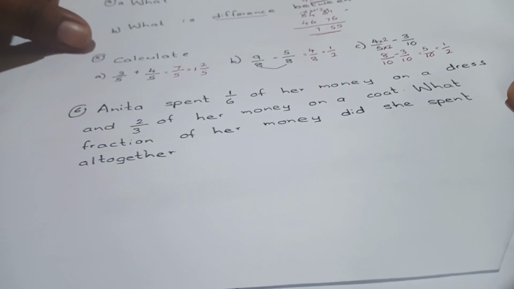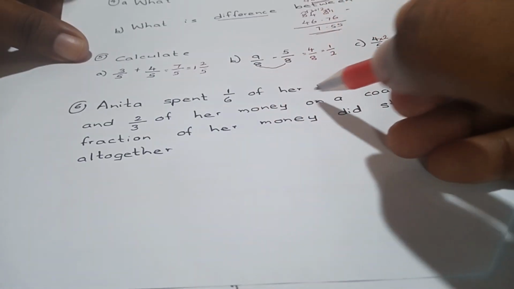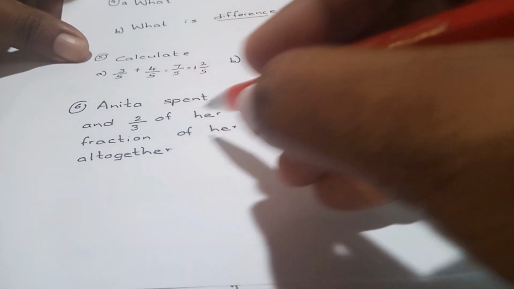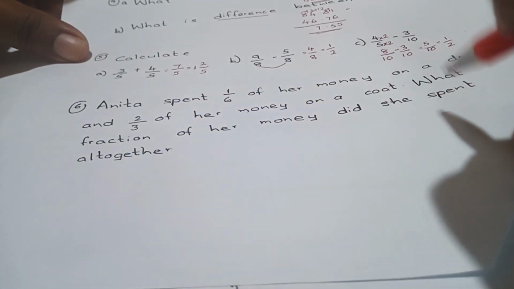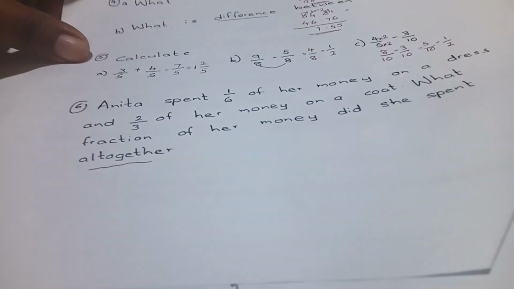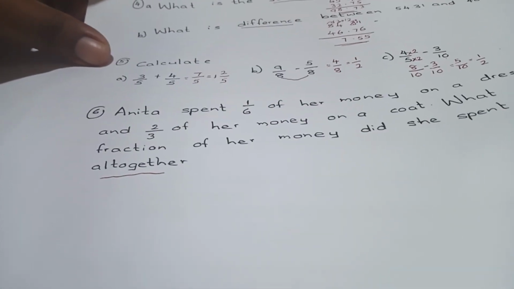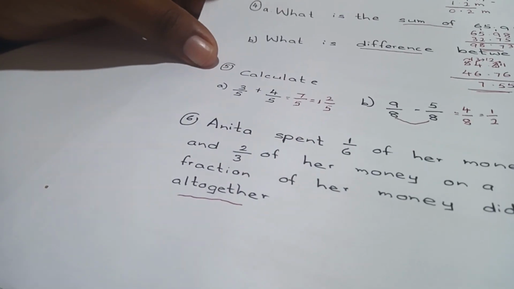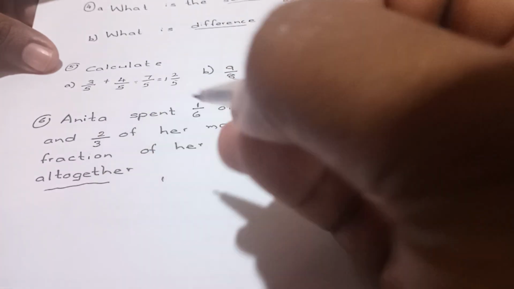Right. The last question. Anita spent one sixth of her money on a dress and 2/3 of her money on a coat. Find the fraction of her money she spent all together. All together, what do you have to do here? You have to add. Let's add 1 over 6 plus 2 over 3.